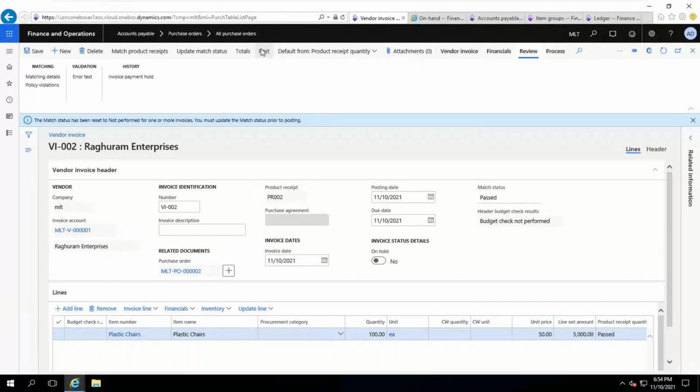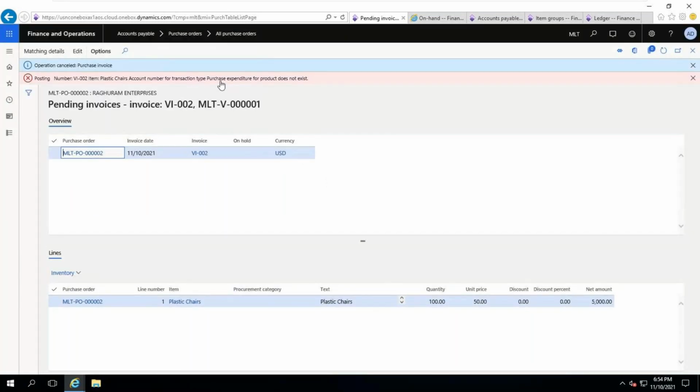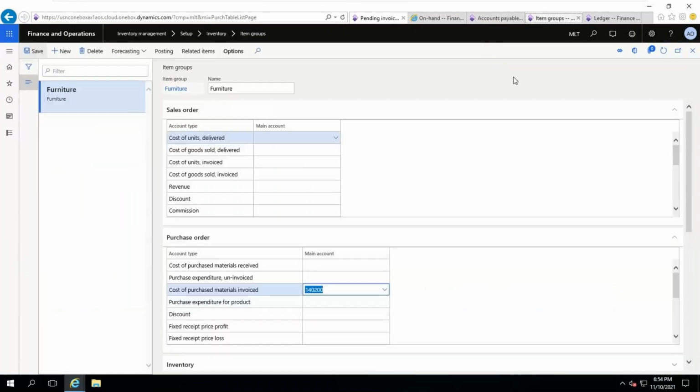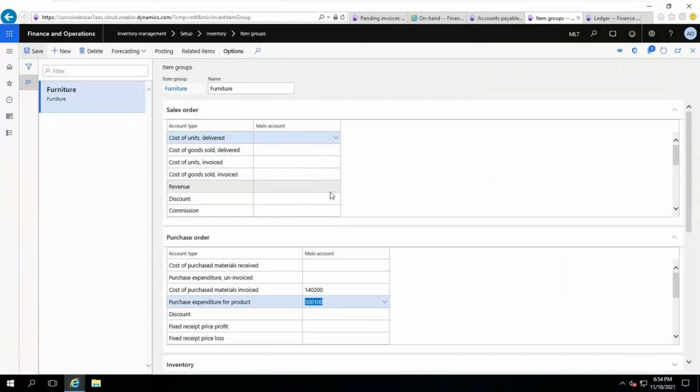I will get one more error message. Purchase expenditure for product does not exist. It is also missing. Intentionally I want to show you. I missed it, now I have mapped it.